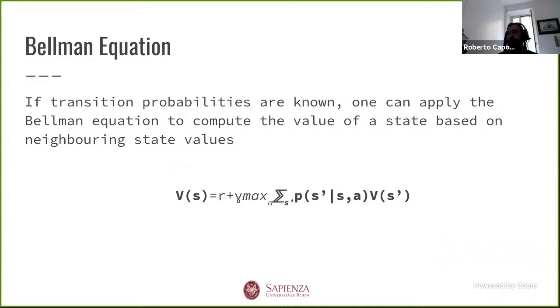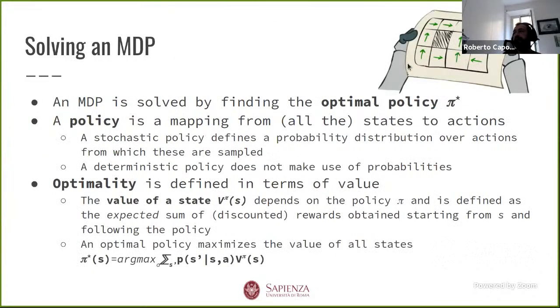Here, let's assume a state is a cell in this grid for ease of thinking, but it doesn't have to be like this. For you to understand this concept better, you can think that the value of this state will depend on the value of this state and of this state, right?